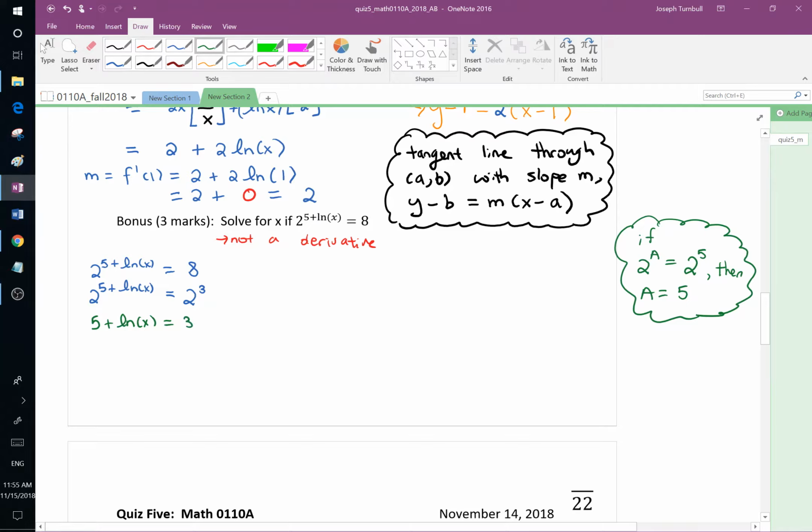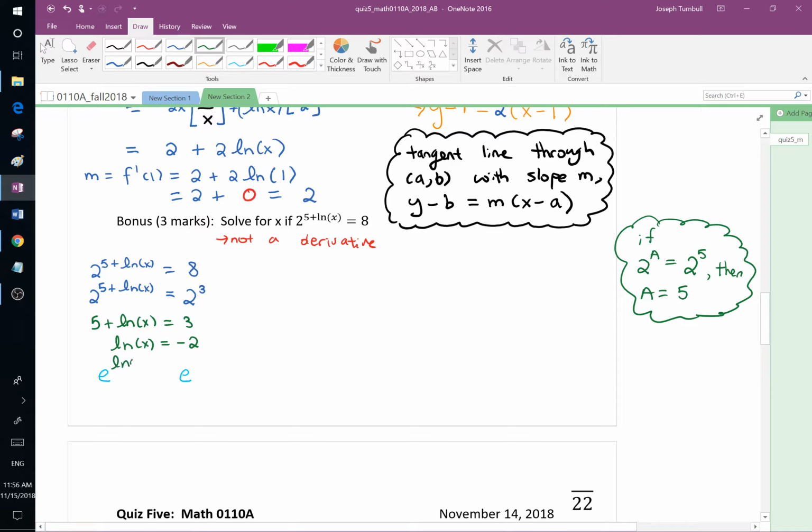Now we can rearrange. Subtract 5 from both sides. So ln of x is equal to -2. That's okay. You can't take the ln of a negative number, but the ln can be negative. It can output a negative y value. We want to get x all by itself. Currently x is trapped in a log function with a base of e, so I'm going to exponentiate both sides as powers on a base of e.